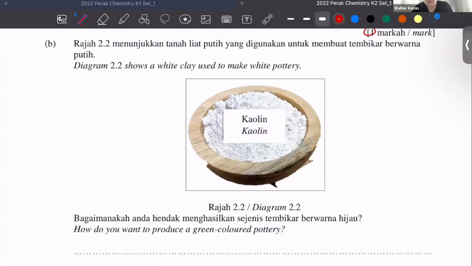So if you want to make those kind of pottery in different colors, you can actually use transition elements to make them the colors, because we know the ions of transition elements or compounds of transition elements can give them certain color. So in this case here, it must be something that can give you a green color.